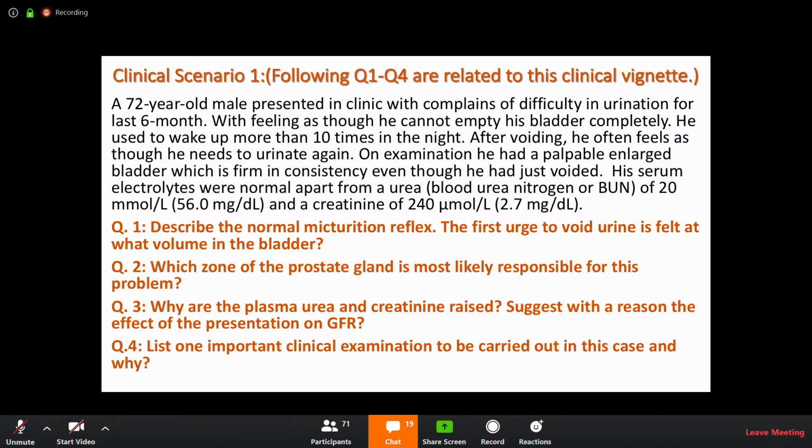So he's gone from about 125 to about 60-ish. So his glomerular filtration rate is evidently decreased, and this is the reason why he's retaining both urea and creatinine within his plasma. So he's not filtering sufficient amounts of both urea and creatinine. The question is, why?